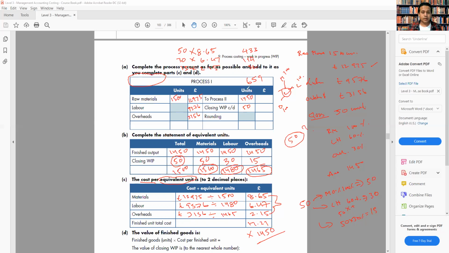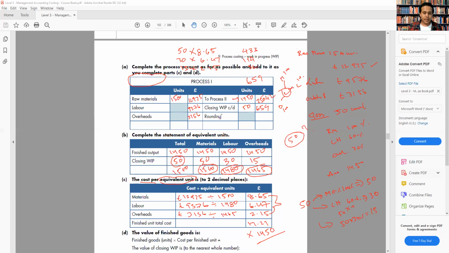That will give you the total for the process 2 value, 25042. So 25042, and value for the 50 units we just calculated, that 659, and that will give us the total.